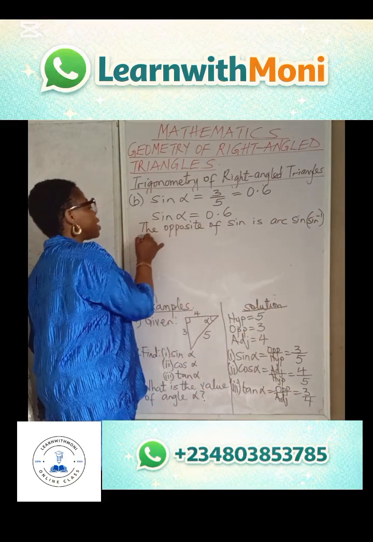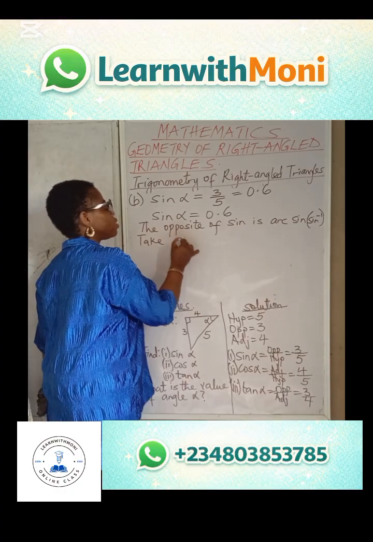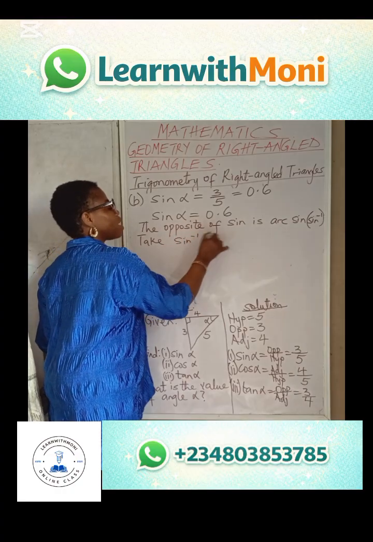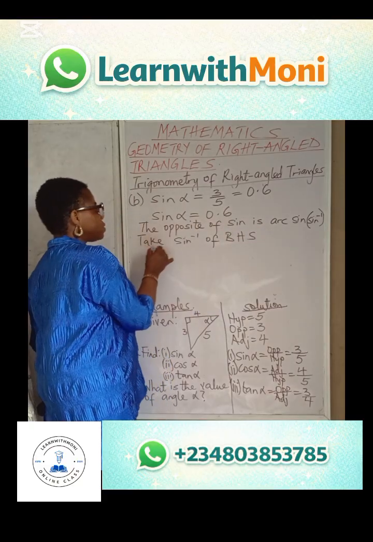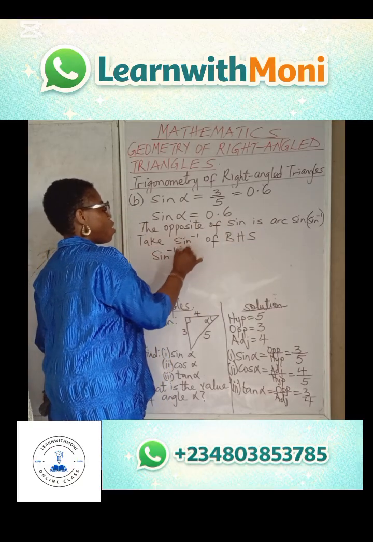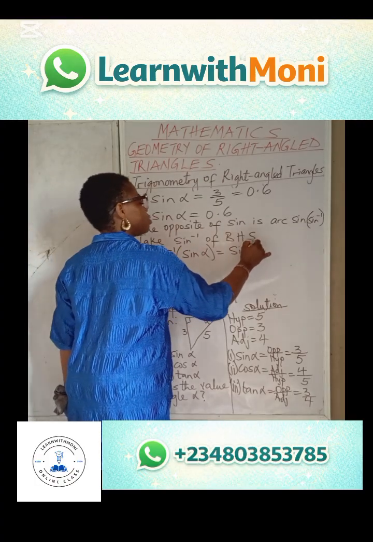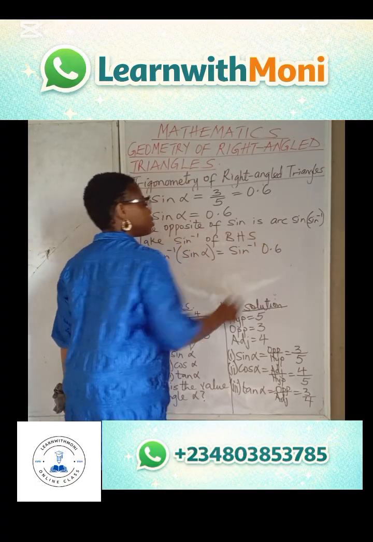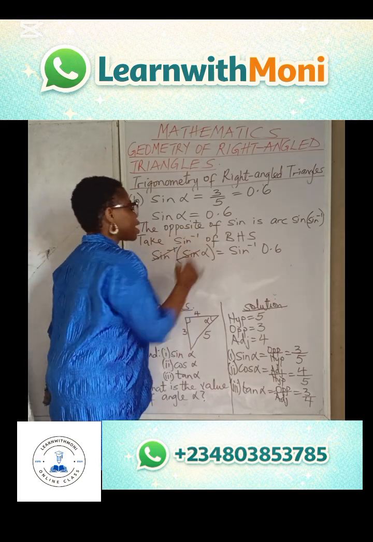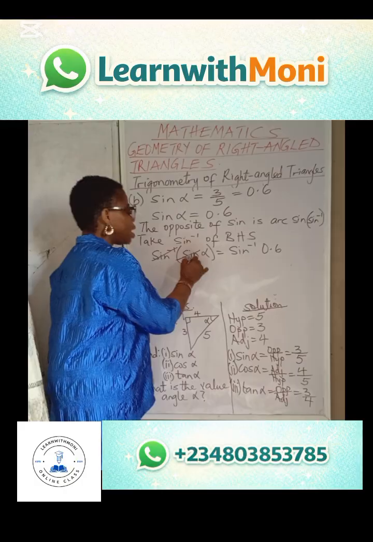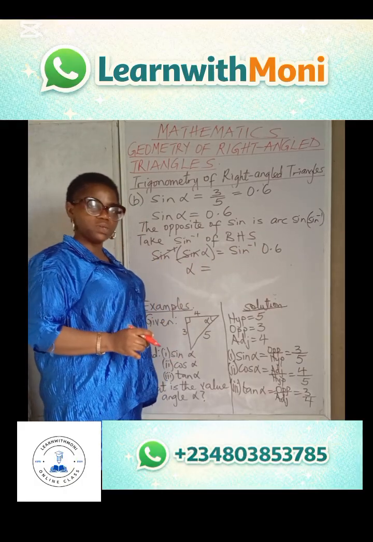So I'm going to be taking arcsine of both hand sides. That means I have arcsine of sine alpha equals to arcsine of 0.6. Arcsine cancels out sine and I am left with alpha. Alpha is equal to arcsine 0.6.